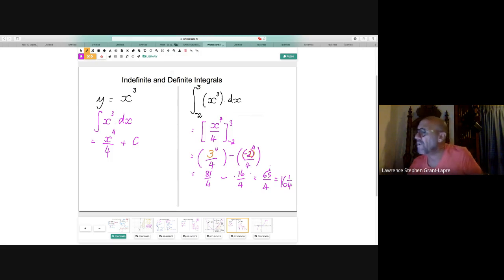Okay, so we've got a definite integral of 16.25. So there we have finding the indefinite integral. We have x to the power of 4 over 4 plus c, and the definite integral going between 3 and -2 is 16 1/4.